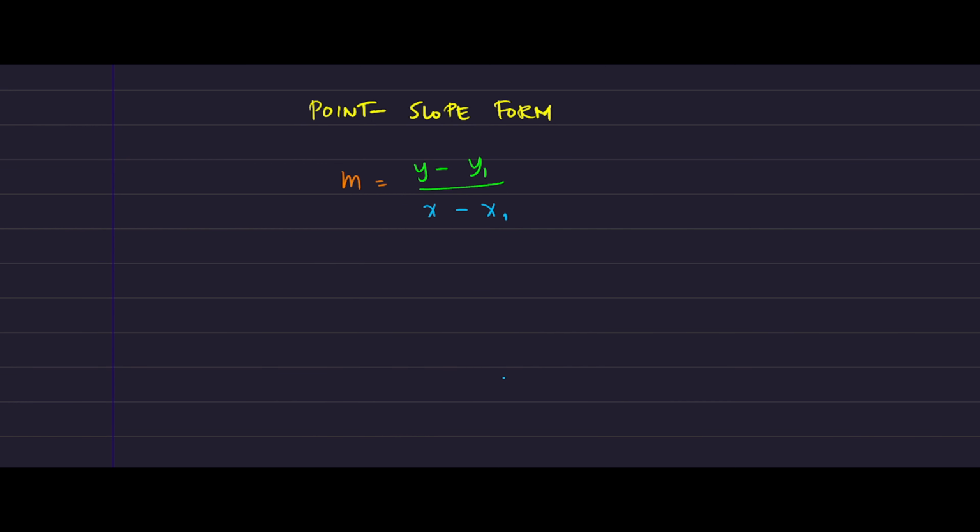And to eliminate the denominator, i-multiply natin both sides by x minus x sub 1. Makakancel yung denominator natin, and we have m times x minus x sub 1 is equal to y minus y sub 1.